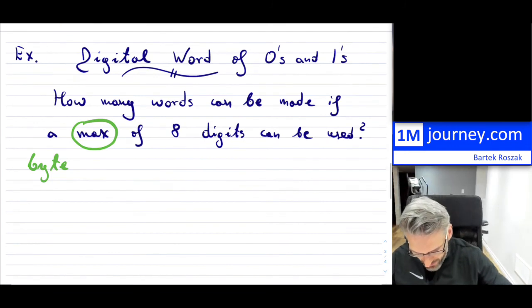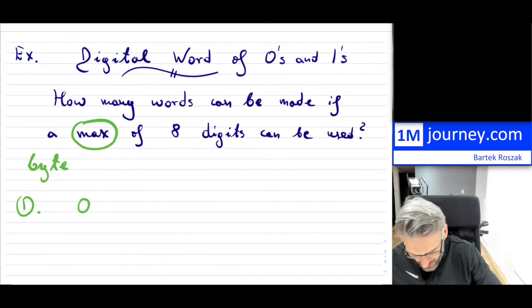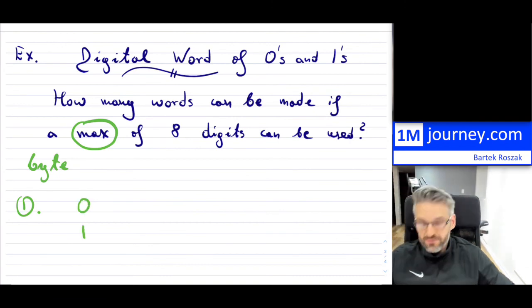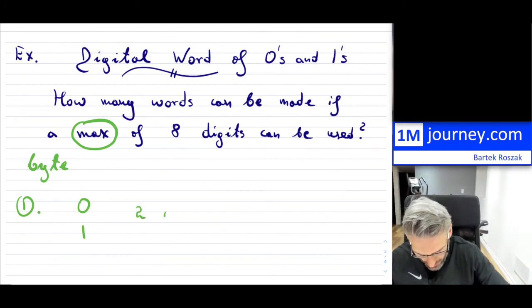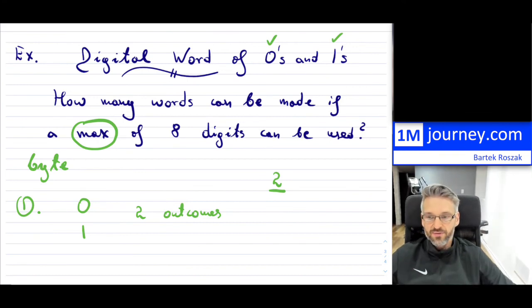So for instance, stage 1, you can either send out a 0 or you can send out a 1. So really, these are just 2 outcomes, right? 2 outcomes, that's it. And that would make sense because I only have a 0 or a 1. So there's only 2 possibilities that I could have.